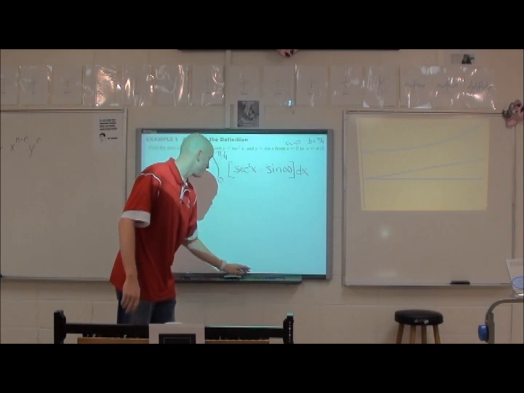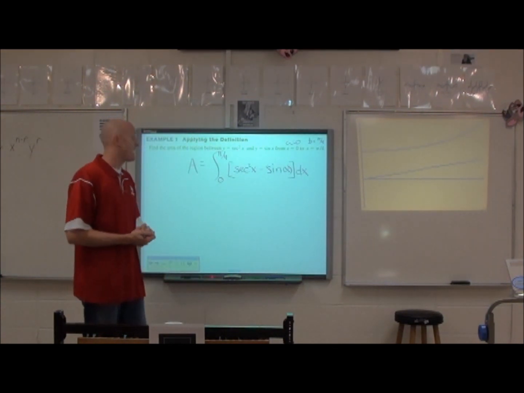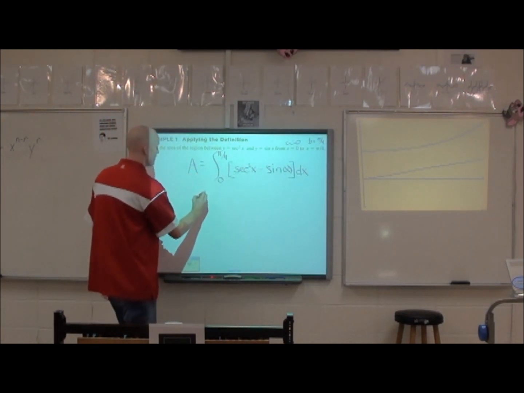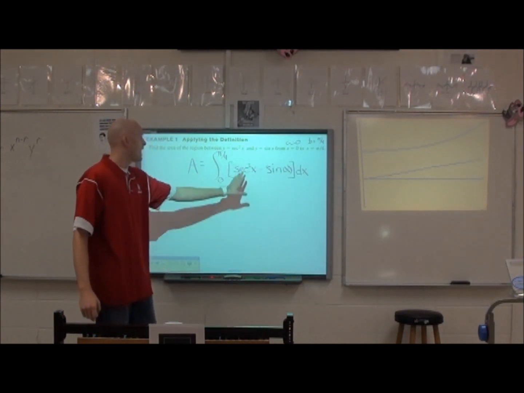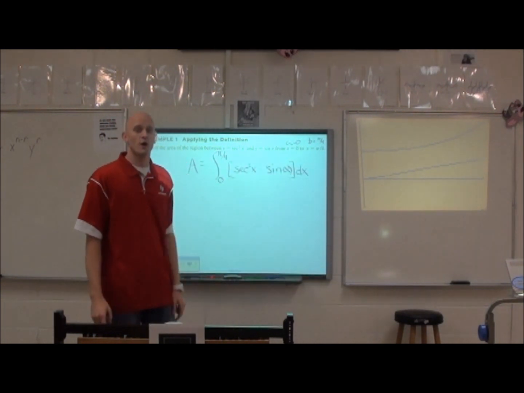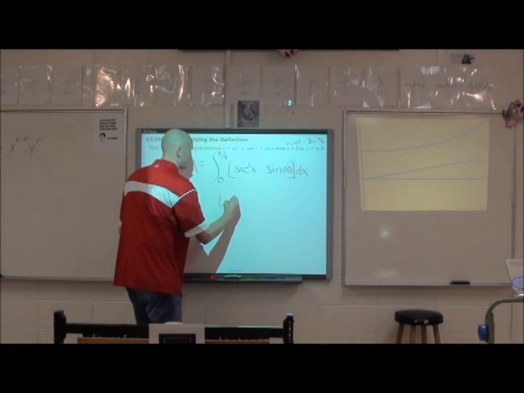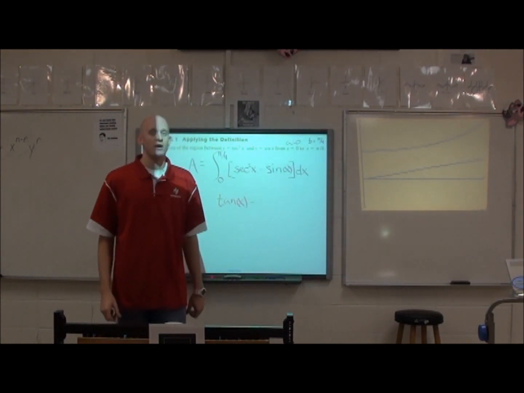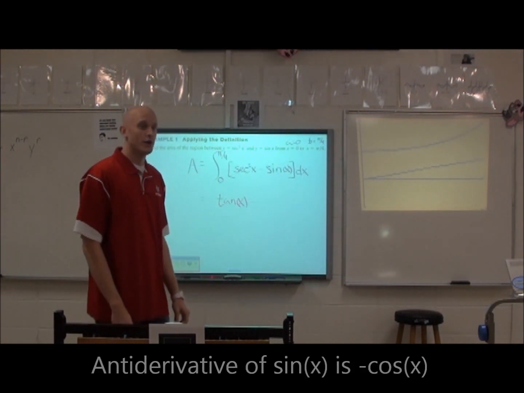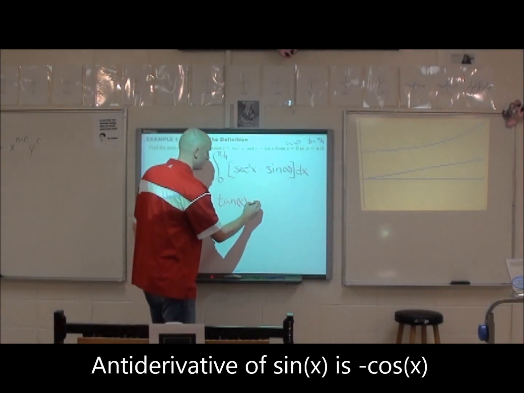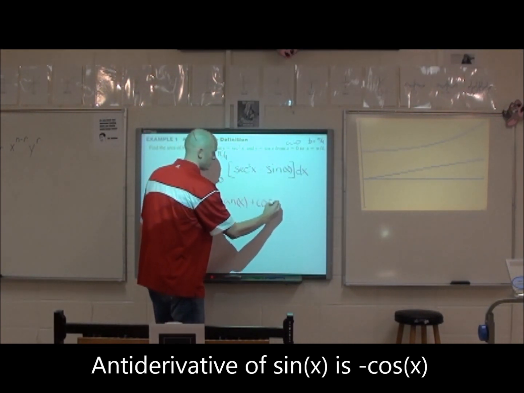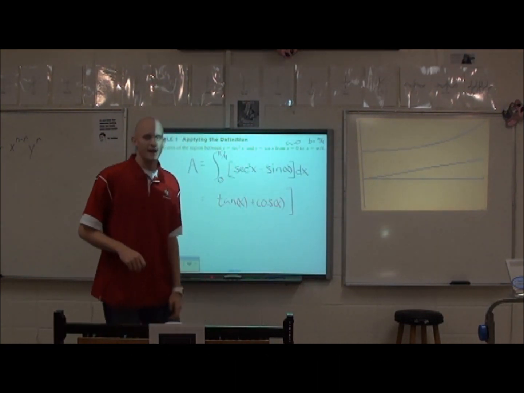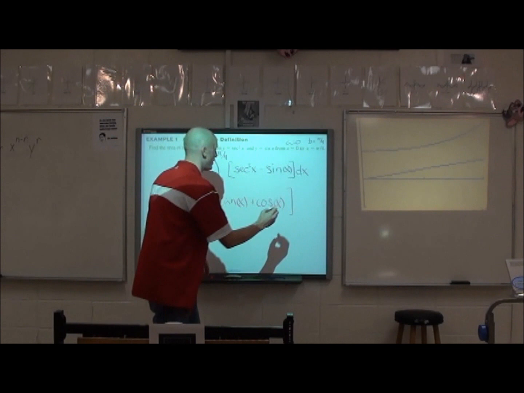So, doing that, let's go ahead and find the antiderivatives of each of these and apply the fundamental theorem of calculus. This area would then be equal to the antiderivative of secant squared x, which is tangent x, minus the antiderivative of sine, which is going to be cosine, and we're going to evaluate that from 0 to pi over 4.